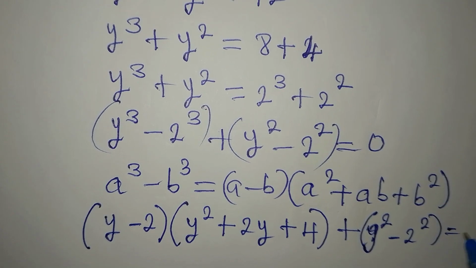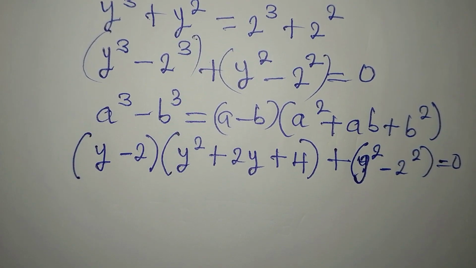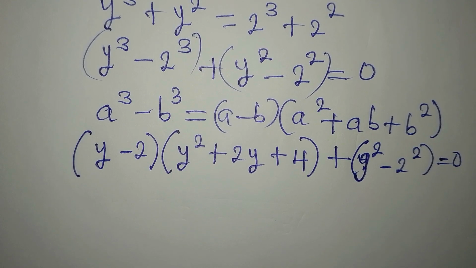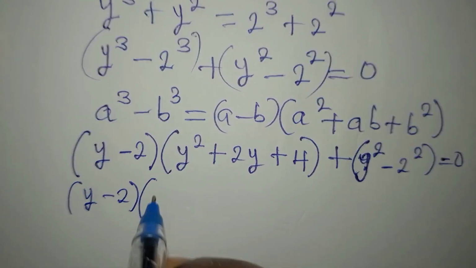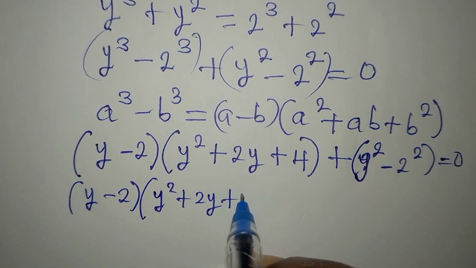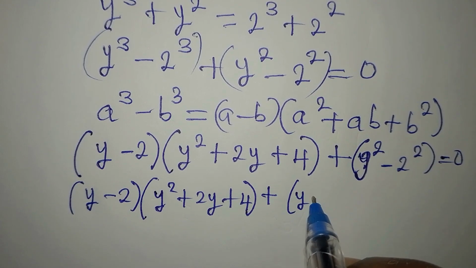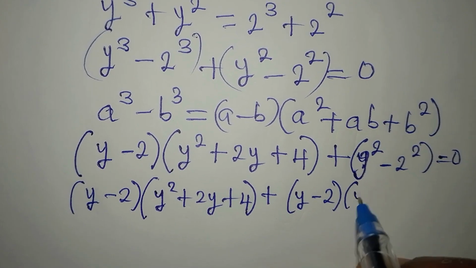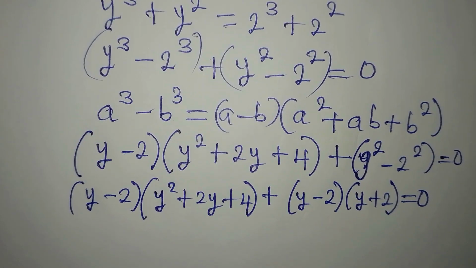Okay, so everything is equal to 0. What do I do from here? From here, I can apply difference of two squares there. So y minus 2 is here. Then y squared plus 2y plus 4 is here. Then plus y minus 2 into y plus 2. And this is equal to 0.